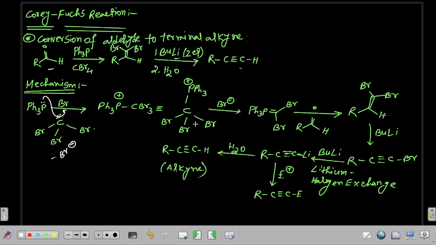So it will form this PPh3 plus bonded with CBr3. Now we have bromide ion in the system, so bromide will attack on this bromine and it leads to the formation of this phosphorus halide, PPh3 double bond CBr2.